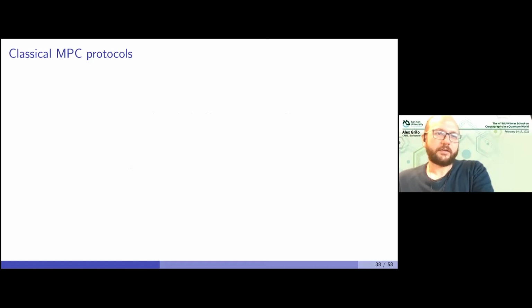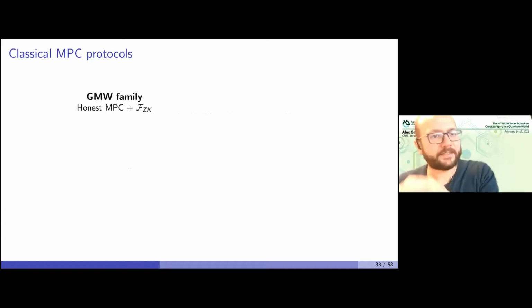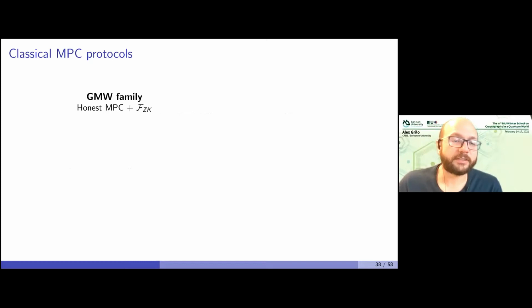The classical protocols for multi-party computation usually can be split in two families. The first one is the GMW family, which allows us to do a multi-party protocol that is secure only against honest or semi-honest adversaries, enhanced with the ideal functionality of zero knowledge.